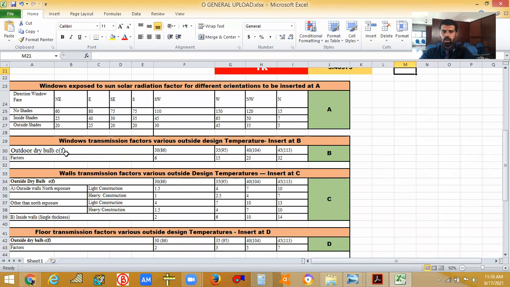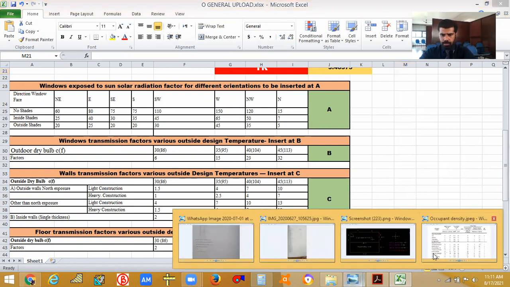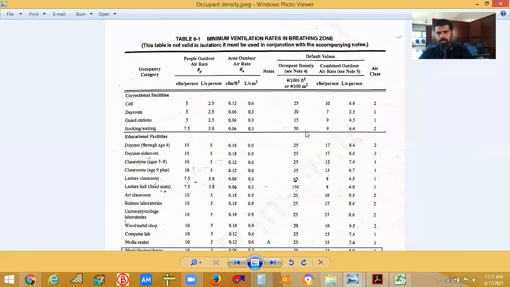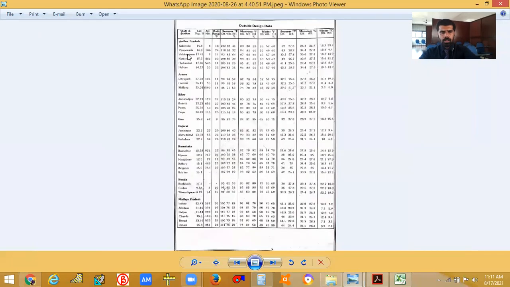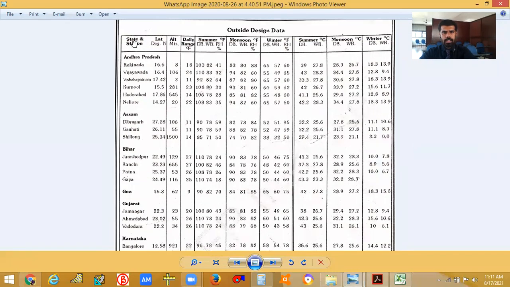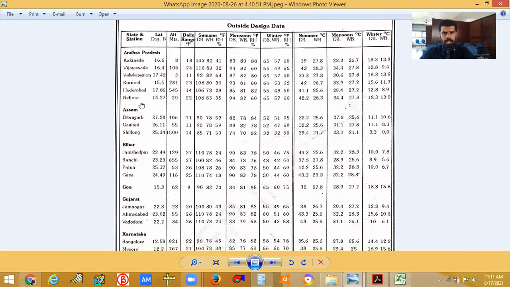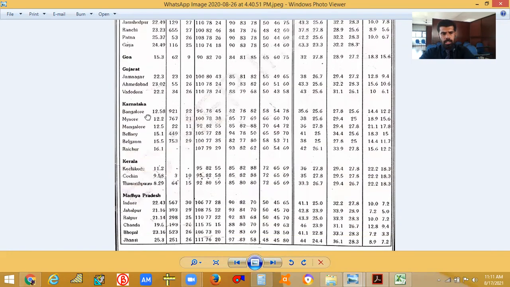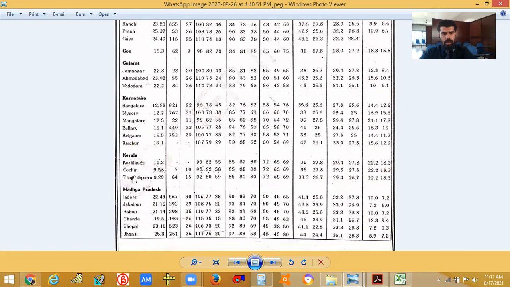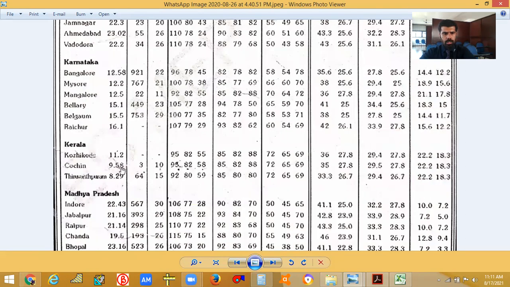Here I am taking Kochi as my city, so I am going to see what my normal temperature is here. We have different state locations. Here it is Kerala, and in Kerala I have taken Cochin.